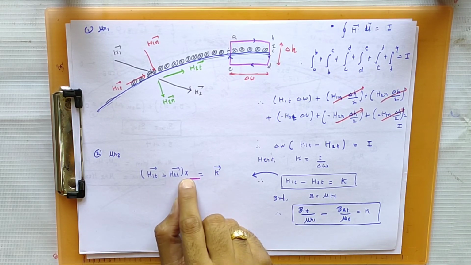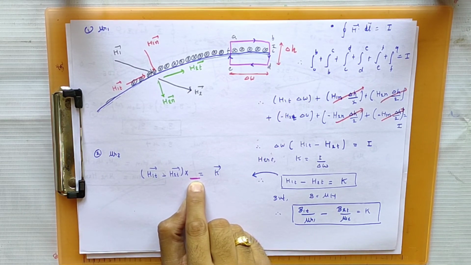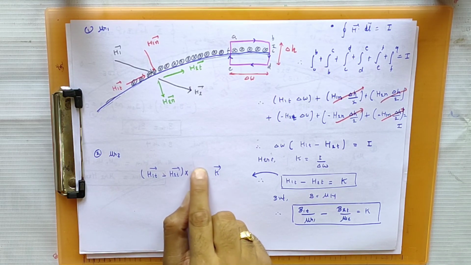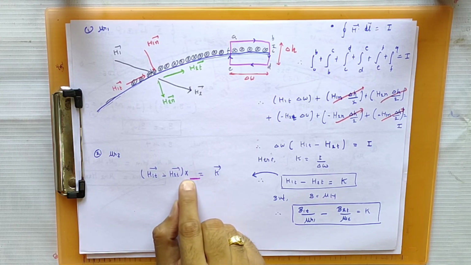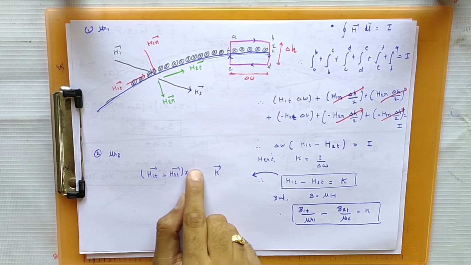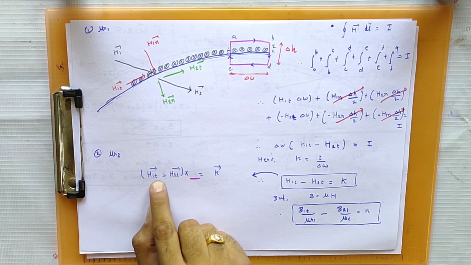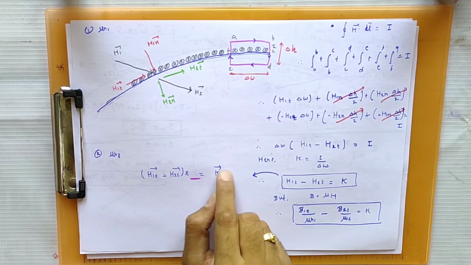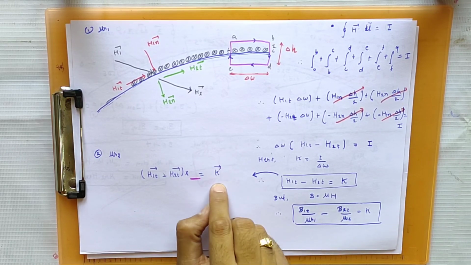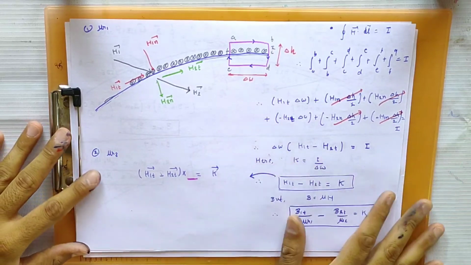We have to do the cross product of this quantity with one unit vector. It's a very small assignment; you can find out this unit vector by yourself. We have to multiply with which quantity? With H1T minus H2T, so that if we do the cross product between these two vector quantities, we will get the same direction as K. Clear? So it is all about the magnetic boundary condition.